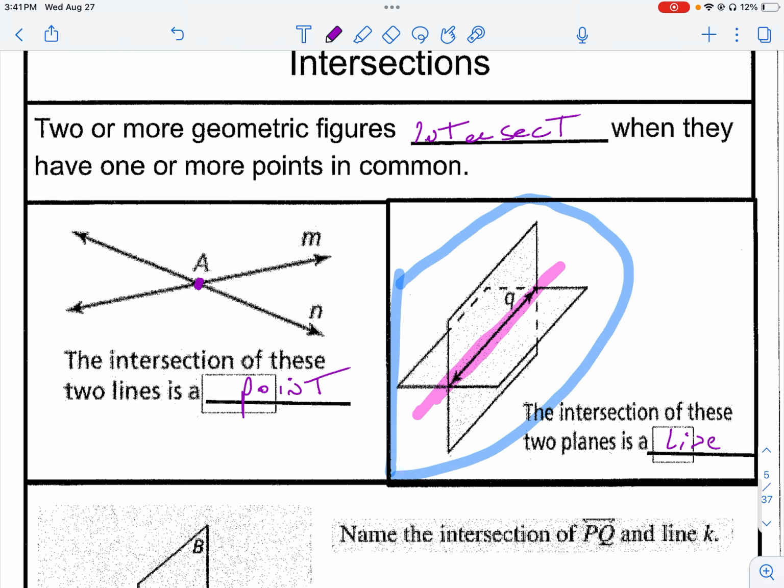If you think of a ceiling and a wall in your home, where those 2 flat surfaces meet, there's a line. We call it a corner, but it's a line. And if that wall extended forever and that ceiling extended forever, the only place they touch is along that corner or that line.